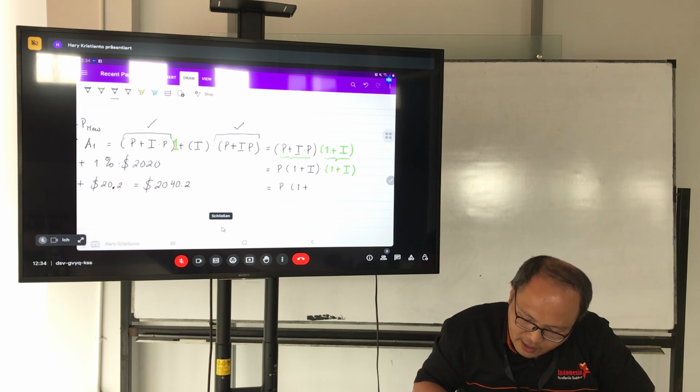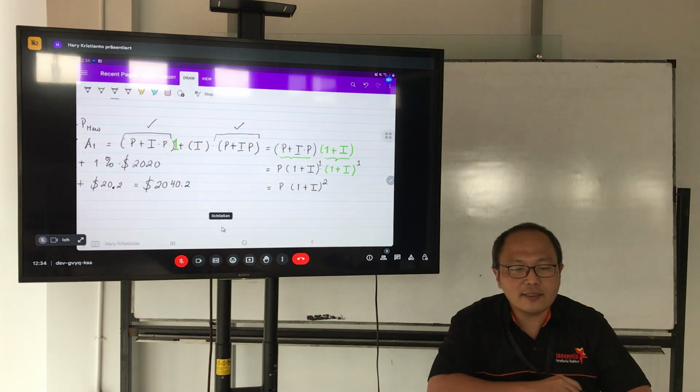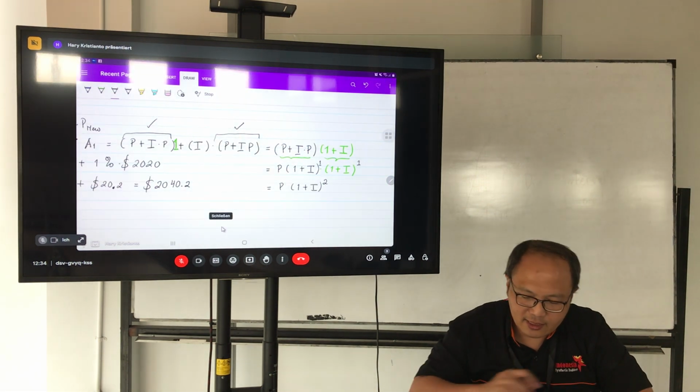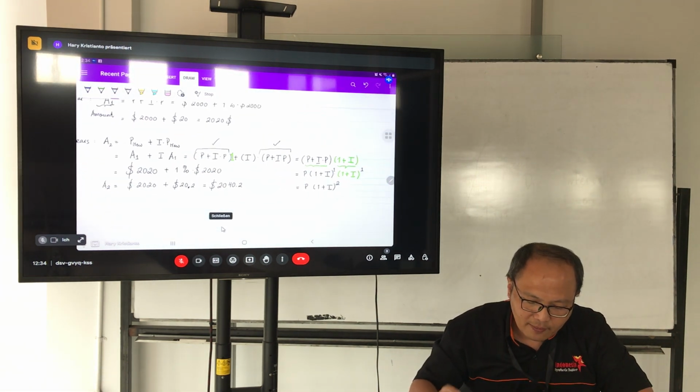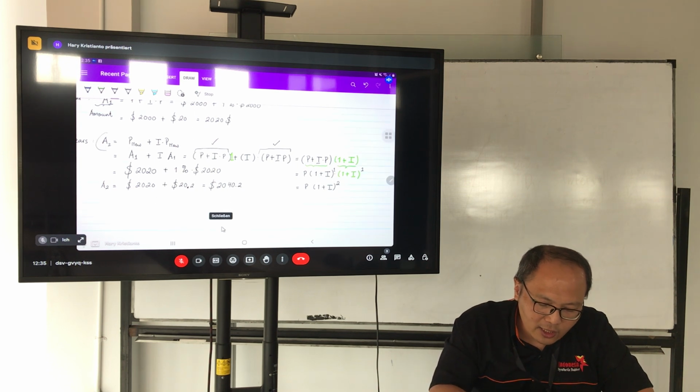P(1 plus I). This is to the power of 1 and this is to the power of 1. You still remember? In index notes, this becomes power of 2. Correct? Yes. Yes.